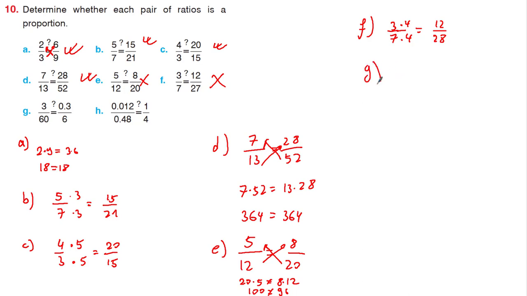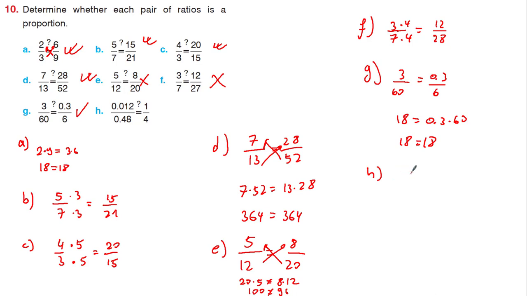And under G, we get 3 over 60 is 0.3 over 6. By cross multiplying, you get 18 is 0.3 times 60, which is 18 is equal to 18. So it's okay.